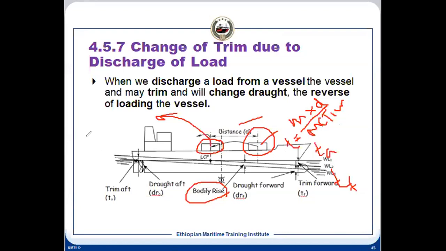And then we can calculate the final draft. dA is equal to dA initial, and here bodily rise means this is minus, and plus minus TA. And similarly dF we can calculate. dF is equal to dF dash minus BS plus minus TF. So this is the way we'll be approaching this kind of a problem.